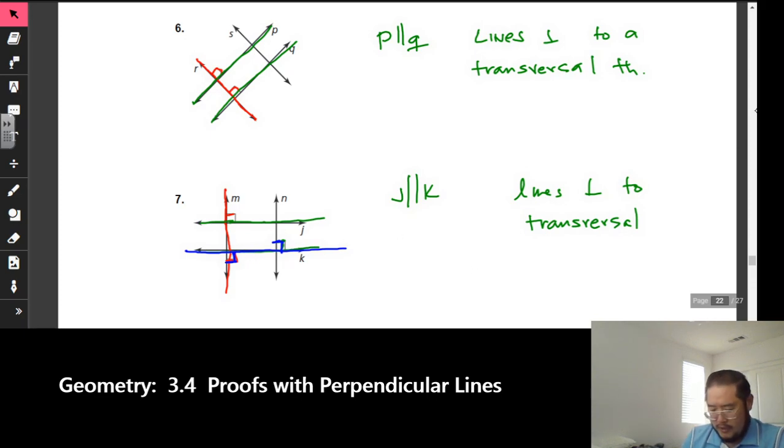And so we can also say right here, because of this, that M is also parallel to N, and it's lines perpendicular to a transversal. Because remember, if this is 90 degrees, then that means this is 90. And then these two angles are corresponding. Not only are they perpendicular, or 90 degrees, but they are also corresponding.